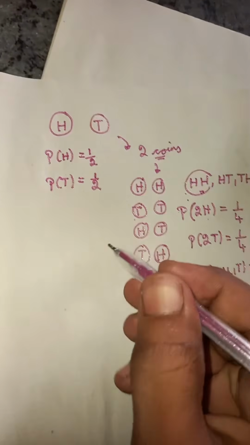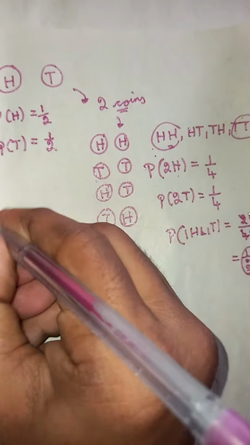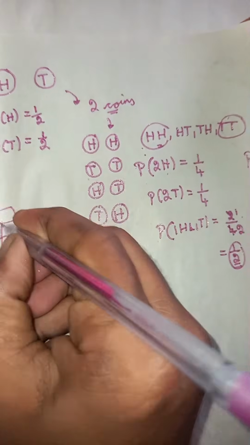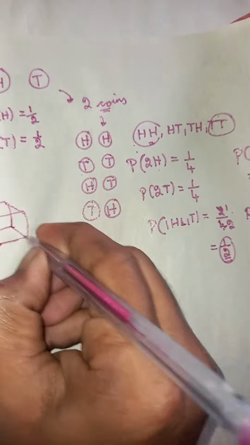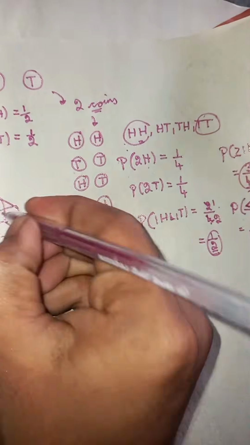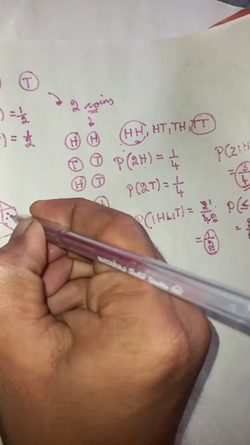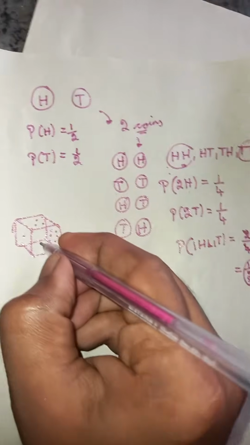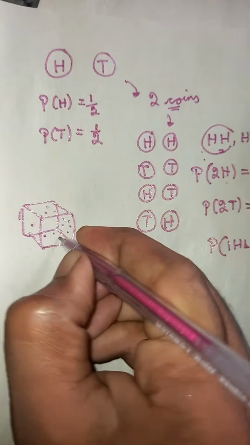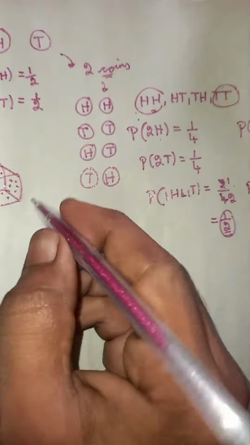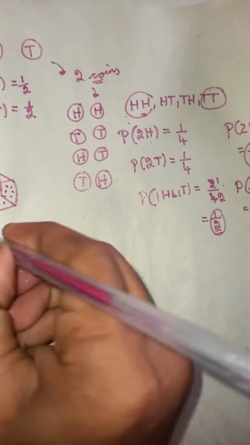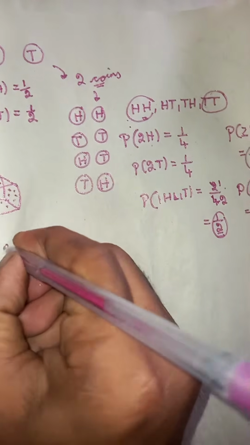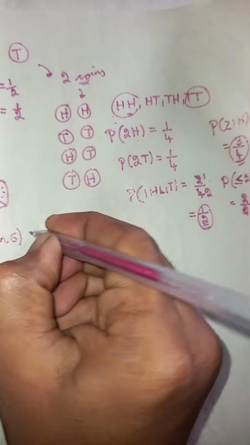And they may ask you to find different things with a die. They may throw one die and the faces show one, six, three, and four. Now you are going to find out the probability of getting either one or six.